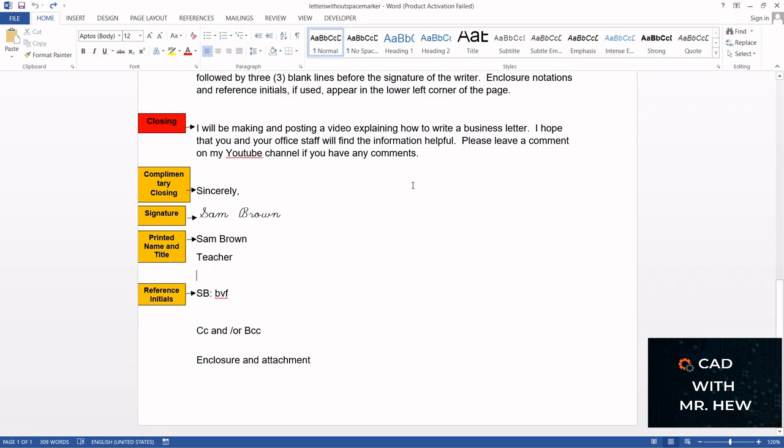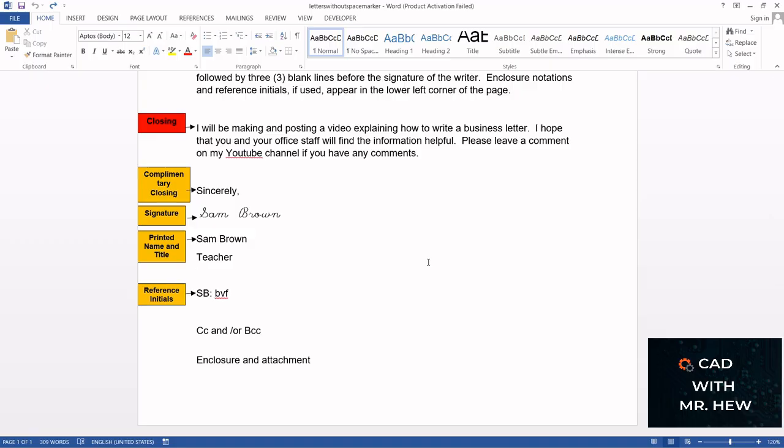Not every business letter would have the reference initials because, as you said, it's not frequently used nowadays. However, we normally type our letters ourselves. So if we type the letters ourselves, we wouldn't have the reference initials. You would only use the reference initials if it will be prepared by somebody else other than the person who initiates the letter.